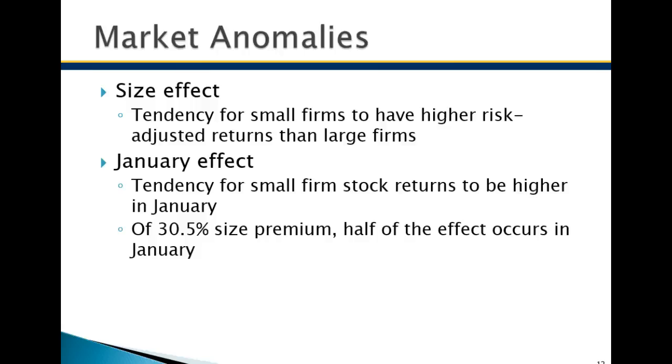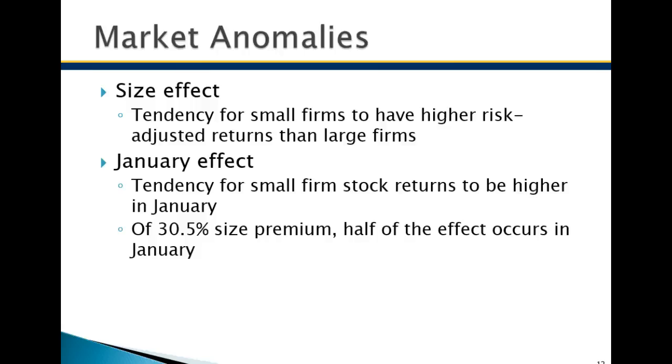Okay, the January effect. This is an effect where small stocks tend to perform much better in January than the rest of the year. So small stocks tend to have a really good return in January. Of the 30% size premium, half the effect occurs in January.